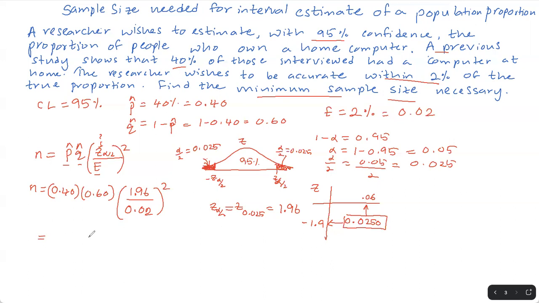So this is 2304.96. We are looking at the sample size. So if you see decimal numbers here, then you have to round up, right? Round up to the nearest integer. In this case, 2305 is the sample size.